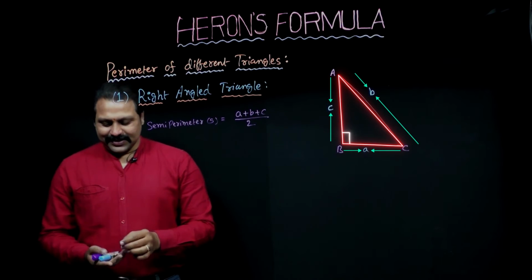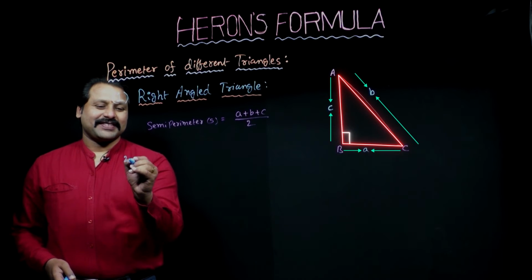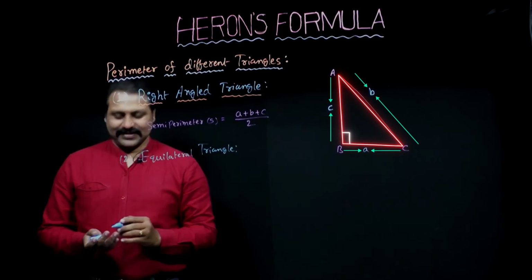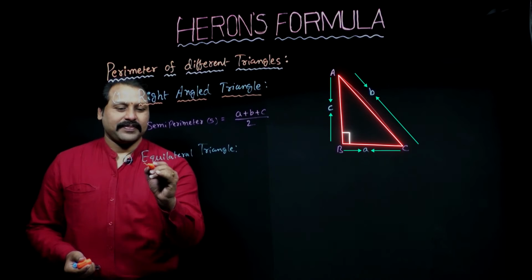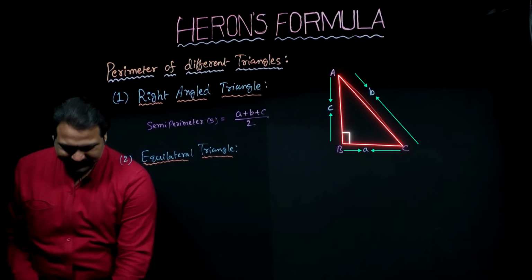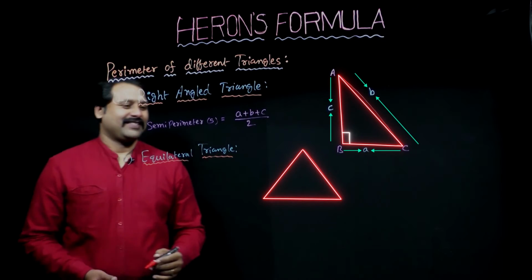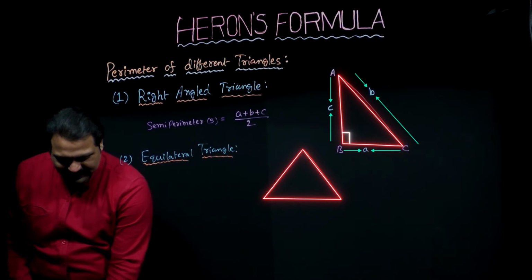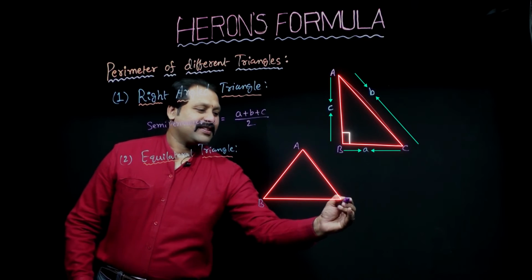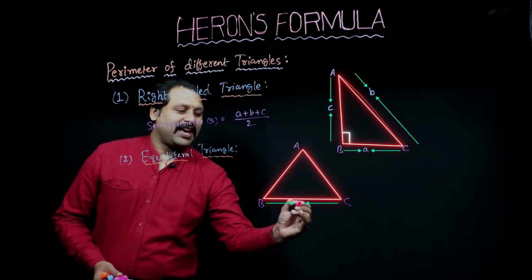And the second one, equilateral triangle. Draw the triangle. The vertices are A, B, C. The length of side BC is a.